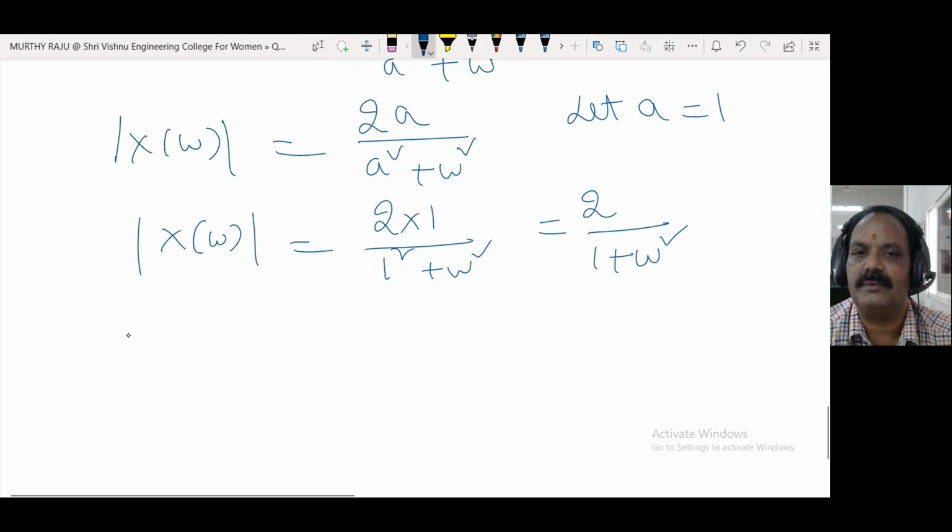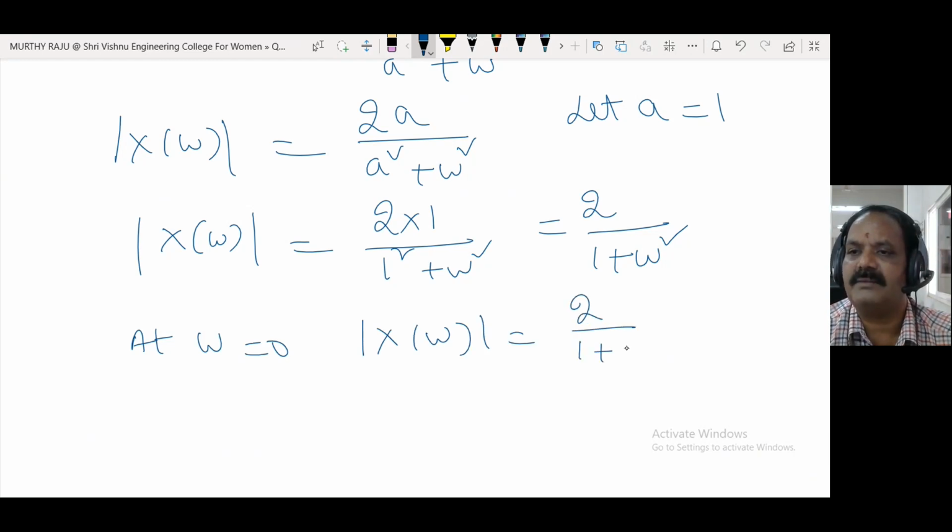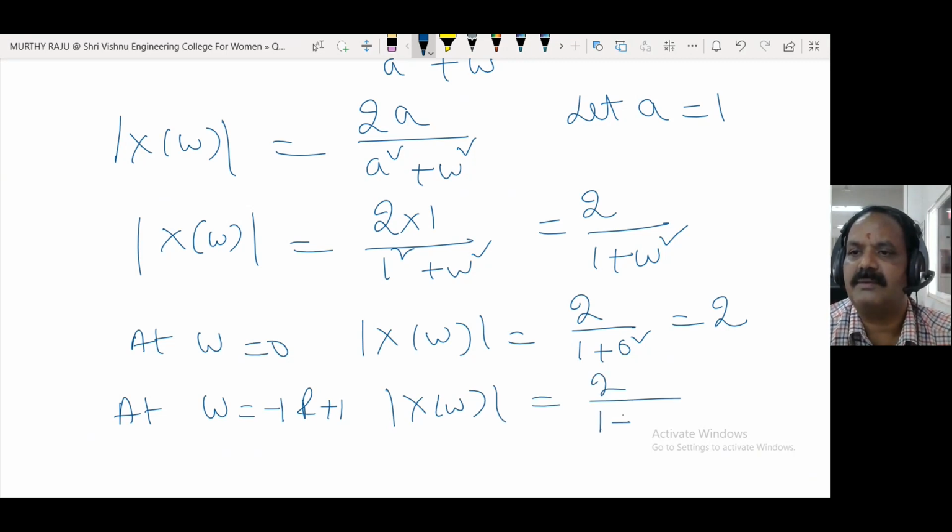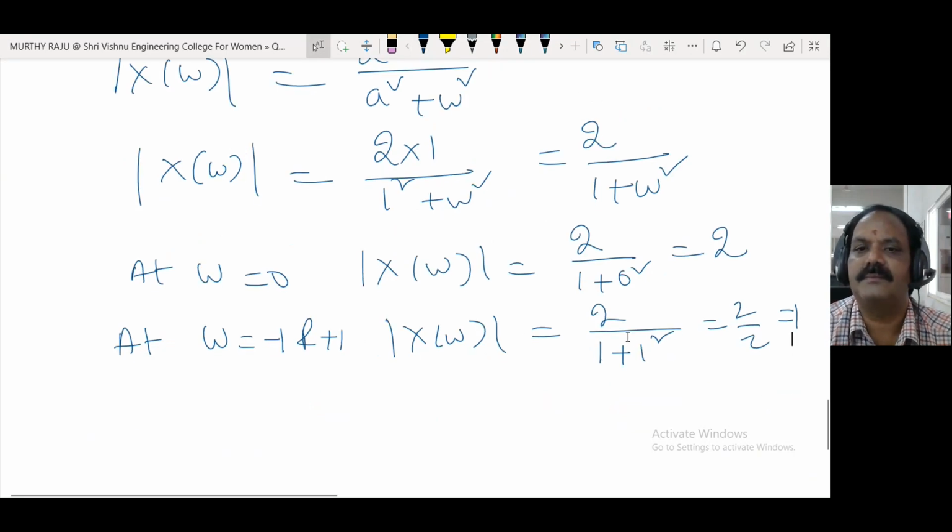If omega is equal to 0, the value of X of omega is 2 by 1 plus 0 square, that is 2. If omega is equal to minus 1 and plus 1, because here omega square is there, 2 by 1 plus 1 square, 2 by 2, that is equal to 1.